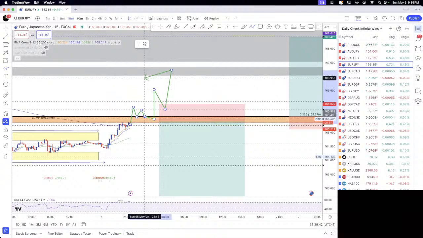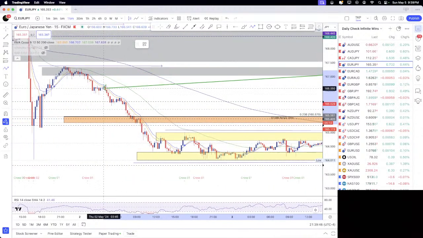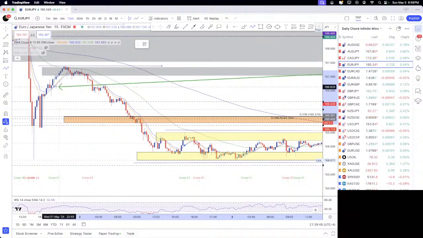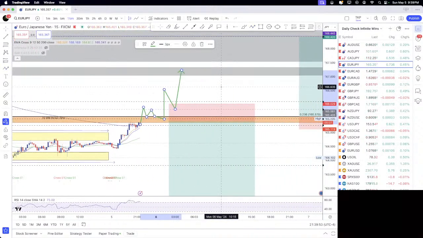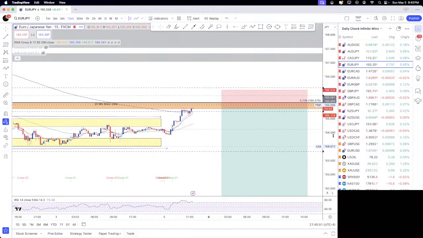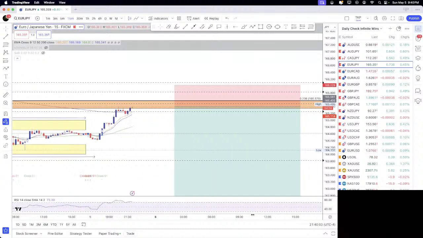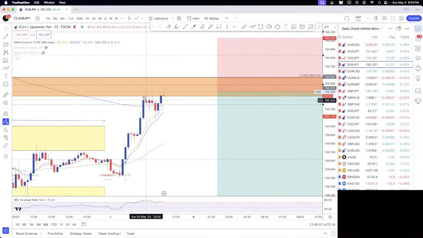We'll take it depending on how the risk reward ratio looks. Because it may not even hit this level right here. It could stop at this bear flag right here and just pull back. So depending on how the risk reward ratio looks, once we figure out exactly how price is going to respond by this 200-day EMA on the 15-minute, we'll make a decision from there. Because it could reject right here at this double top, okay?